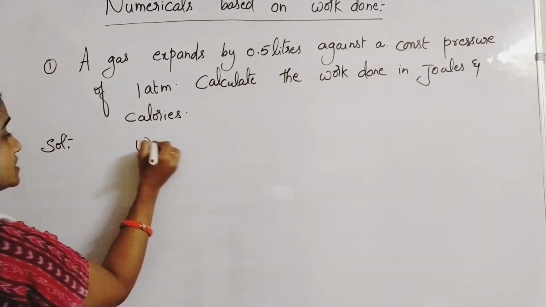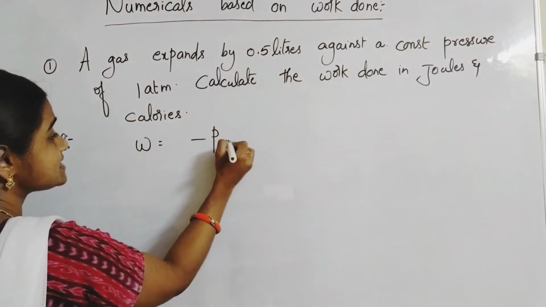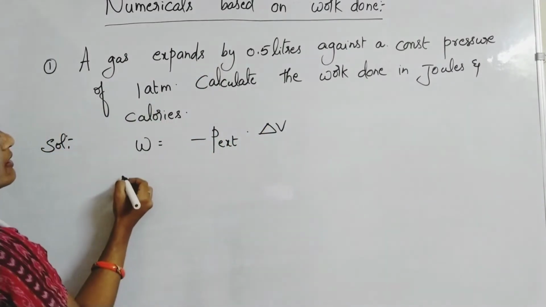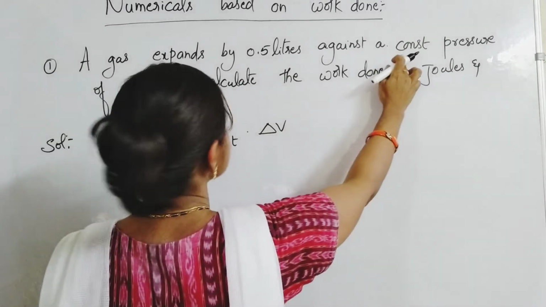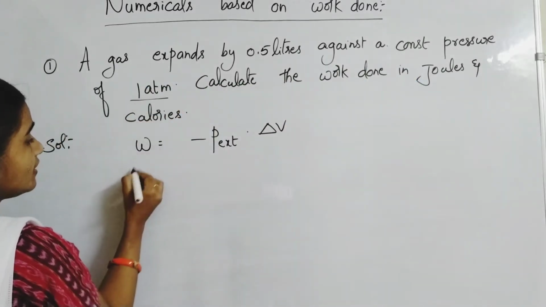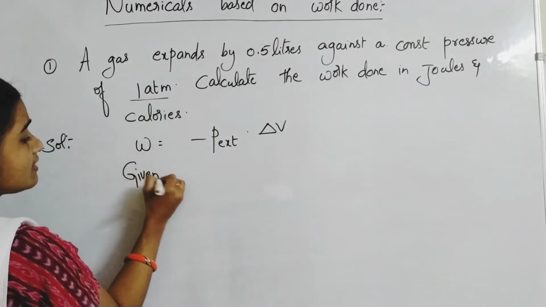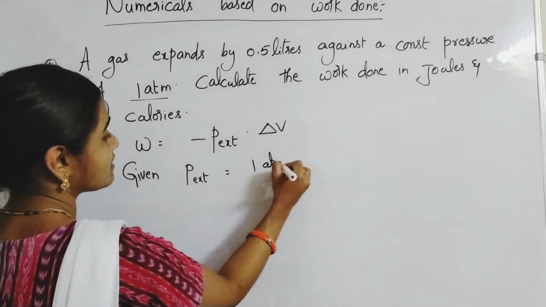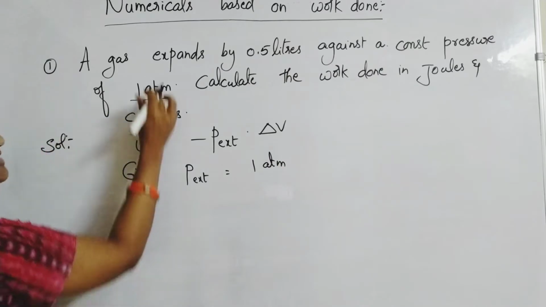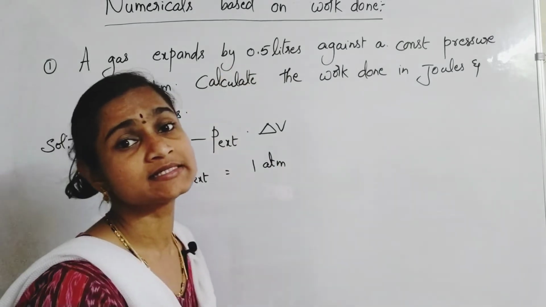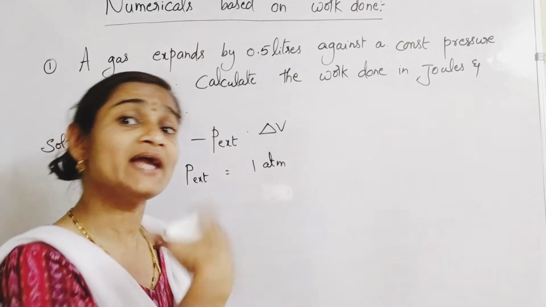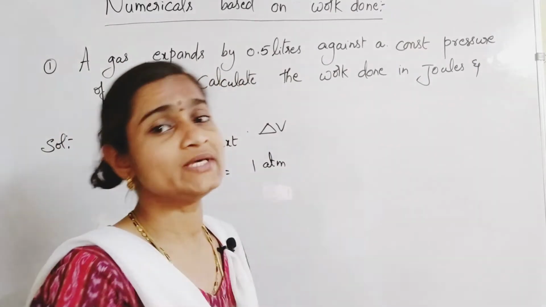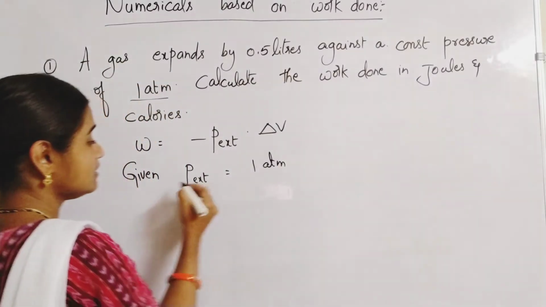W is equal to minus P external into delta V. Here P external is given as a constant pressure of 1 atmosphere, and it expands by 0.5 liters, which means delta V is given here.